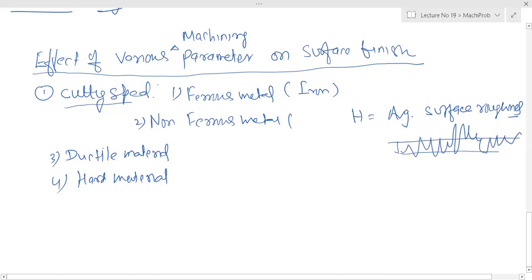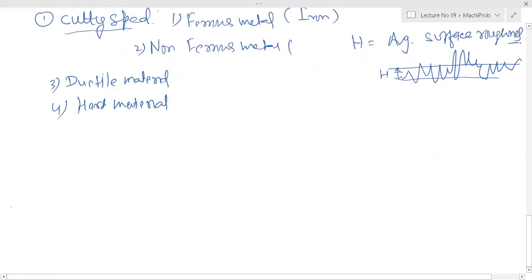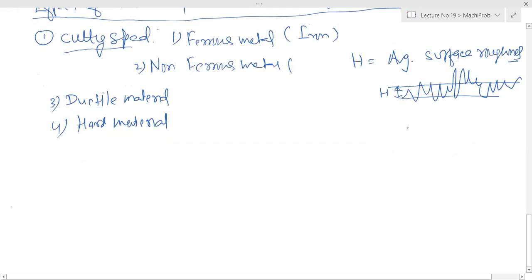So this is your H. A second different method is root mean square. We can do like this: H equals square root of (H1 square plus H2 square plus dot dot dot) divided by n, or H will be simply (H1 plus H2 plus H3) divided by n. If simple average is there, then there is also the square root average.